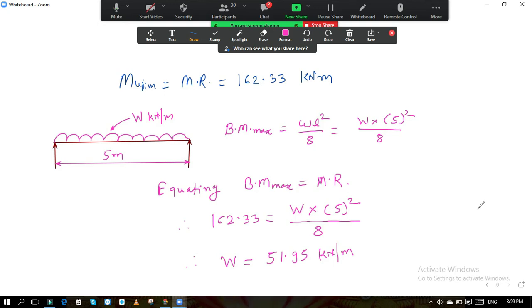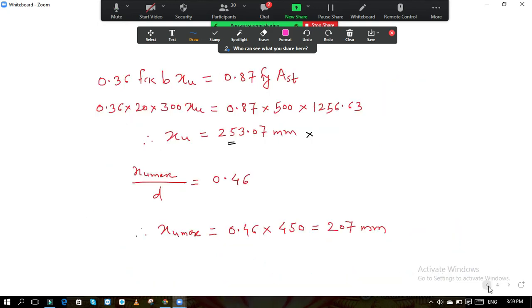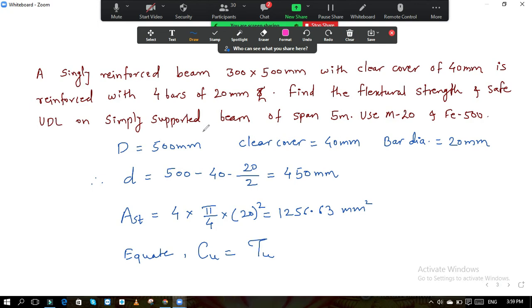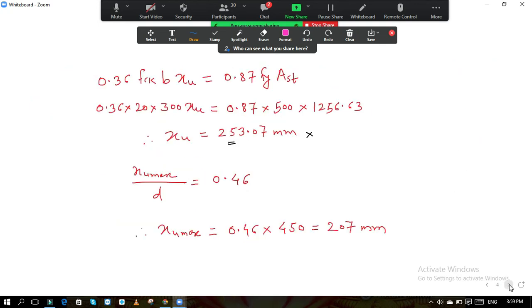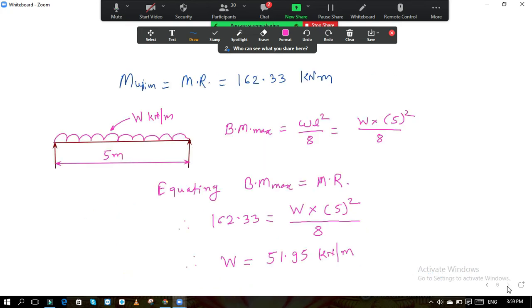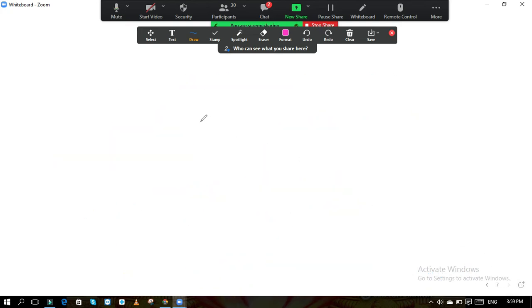Now they have asked you to calculate the safe UDL. So safe UDL means working load. How do we calculate that? Safe UDL is equal to the ultimate load divided by the factor of safety.